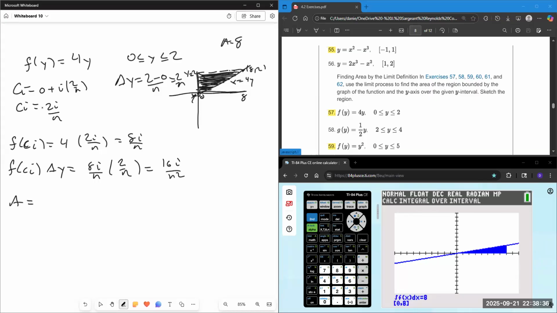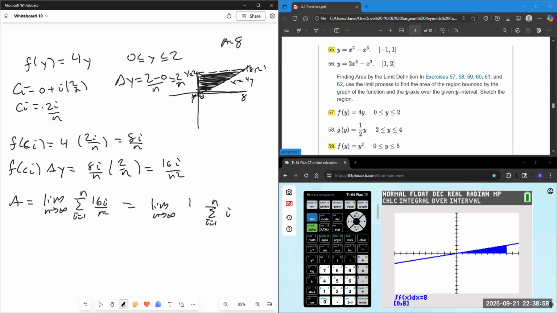So area is equal to the limit as n goes to infinity of the summation i equals 1 to n of 16i over n squared. That's the limit as n goes to infinity of 16 over n squared times the summation i equals 1 to n of i.